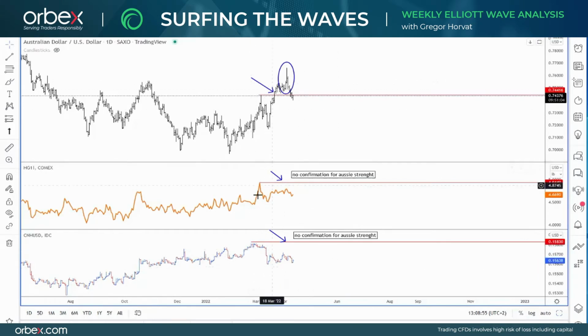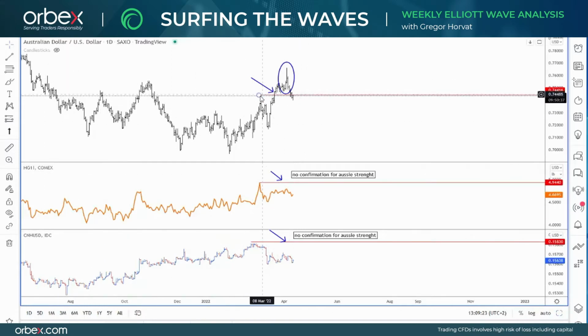You can see that Chinese yuan, US dollar, copper and Aussie are all in positive correlation. But notice that back at the end of March, when Aussie was seeing a push to a new high and even spiked much higher after the RBA, we saw a reversal lower later because there was no follow through or confirmation of this Aussie strength from copper or Chinese yuan.